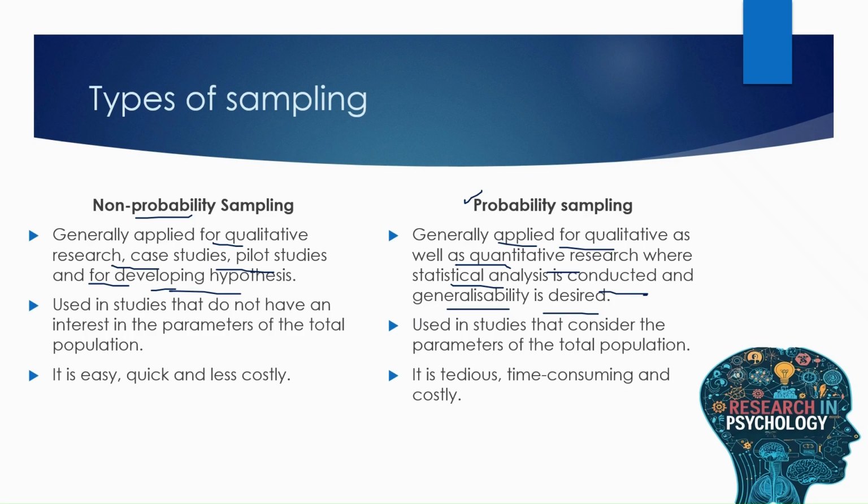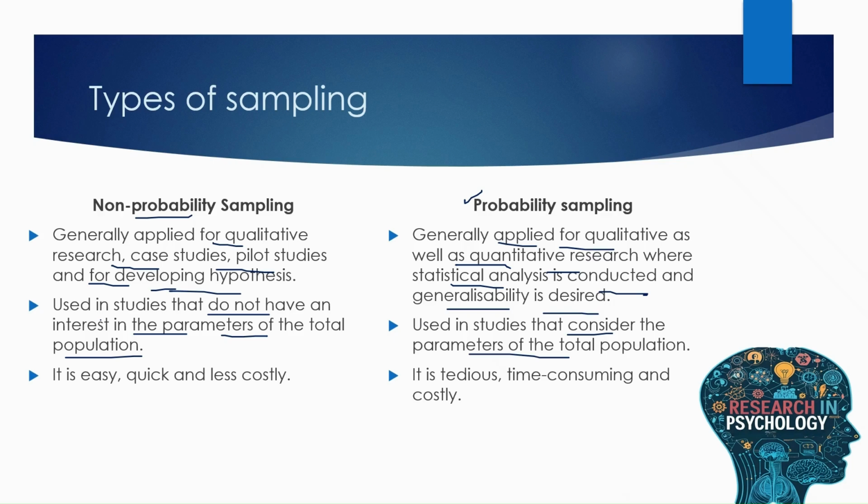All right. Then non-probability sampling is also used in studies that do not have an interest in the parameters of the total population, which doesn't consider what the total population looks like. But here in probability sampling, it is used in studies that consider the parameters of the total population.